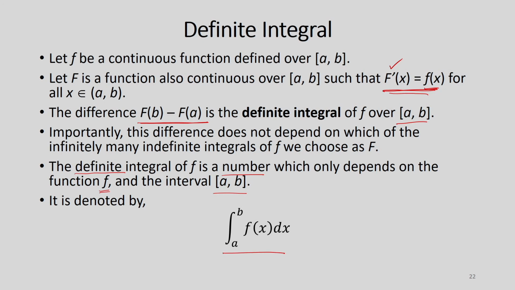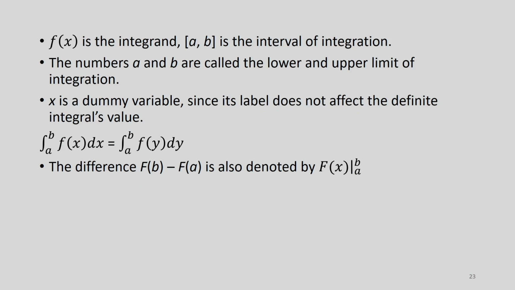First you have the usual integral sign, and you note that on top I have written b, and on bottom I have written a. Then comes the integrand, which is small f x, and then comes dx. Small f x is the integrand.